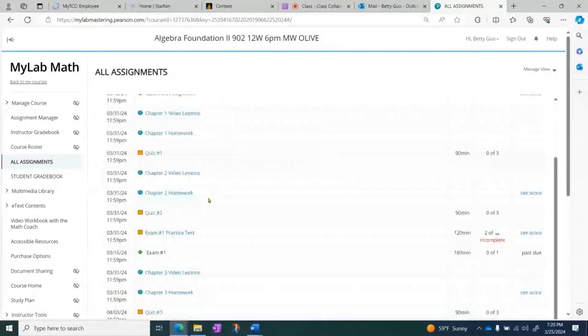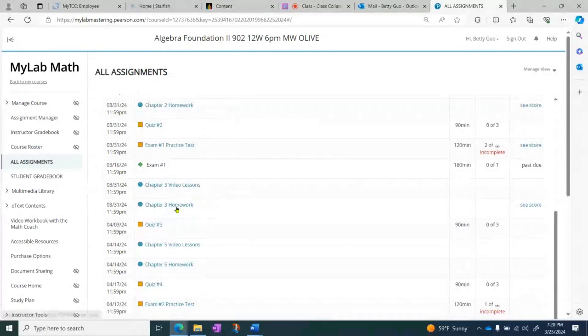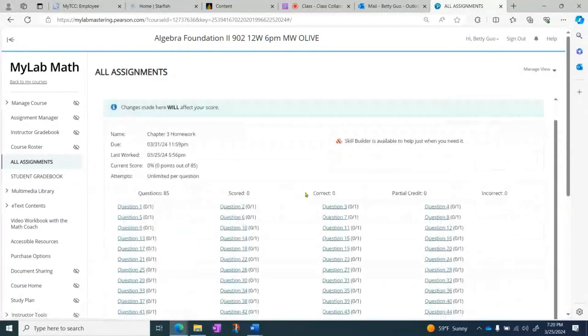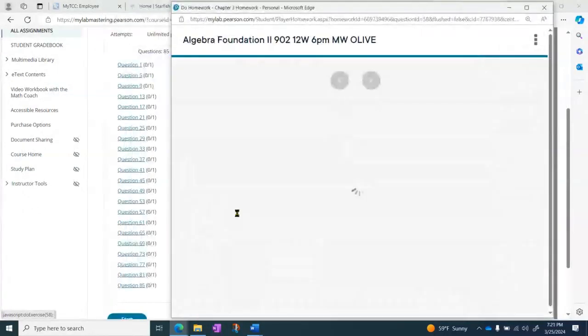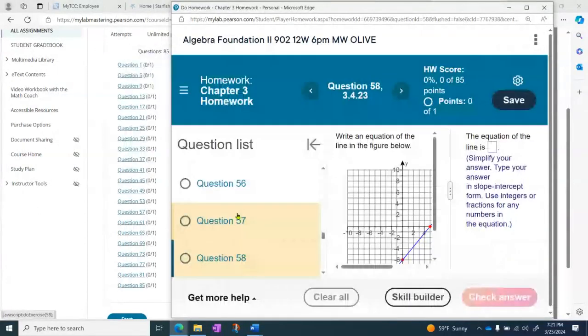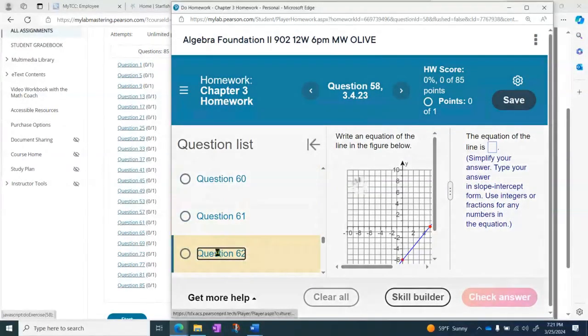Assignments, chapter 3, homework. Let's see if this is about inequality. Nope.